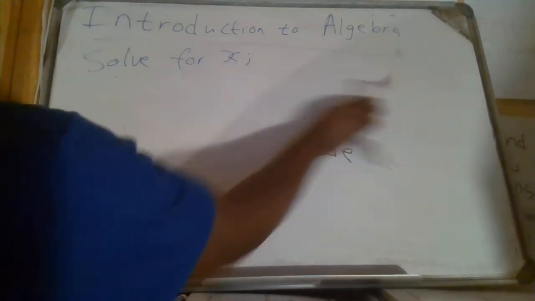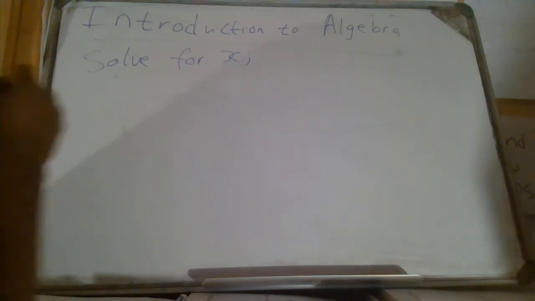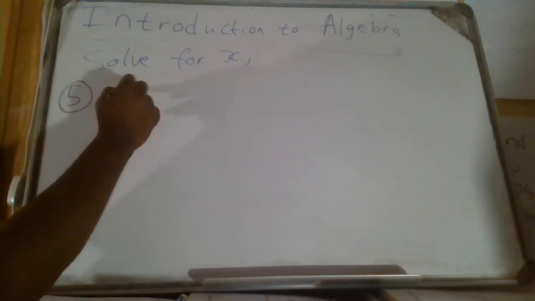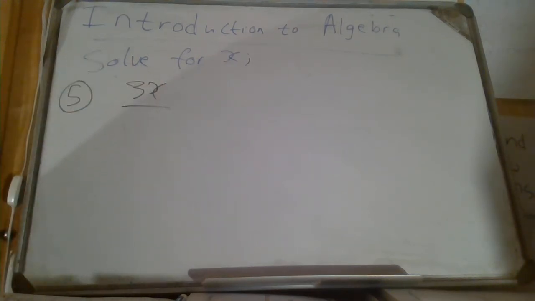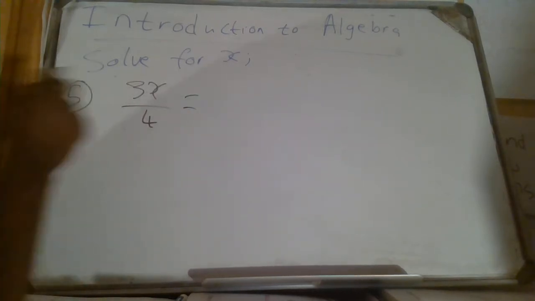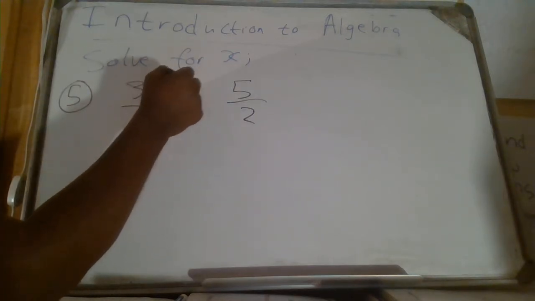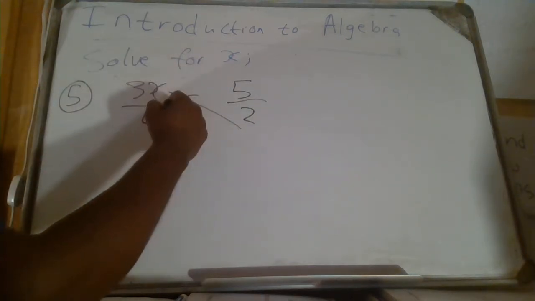This was number 4. Now let's look at number 5. Number 5 is 3x over 4, which is equal to 5 over 2. We're still solving for x. All right. So how do we solve this? It's a fraction. It's obvious. It's cross multiplication, and it's going to start with the part that has x, and then we're going to follow with this one.